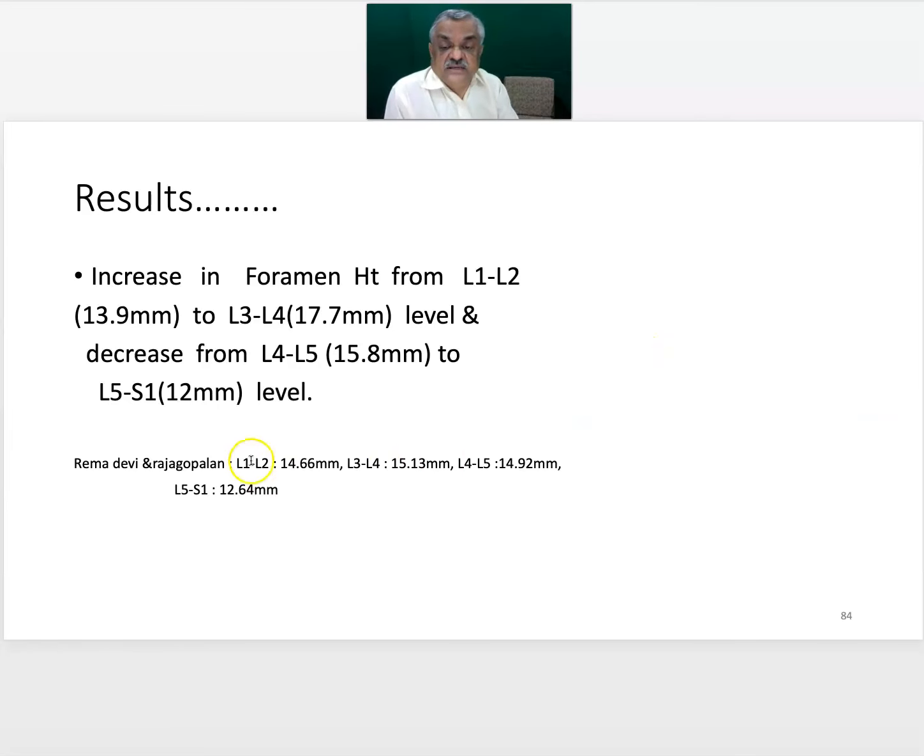Then there is a comparative study also done by one of our colleagues, Dr. Rajgopalan and Rema Devi from Bangalore, and this says that L1-2 is 14.6, 3-4 is 15.1, 4-5 reduces to 14.9, and L5-S1 further reduces to 12.6. So the height of the foramen goes on reducing as you go below L3-4.